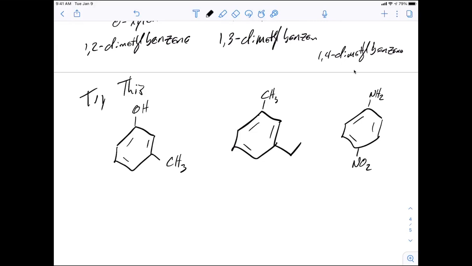So let's take a little time. Find one where you use one of the parent names that we looked at previously. The other, name it off of the benzene using numbers.